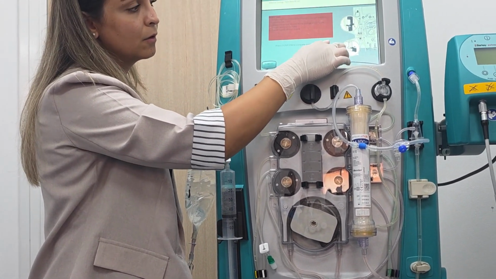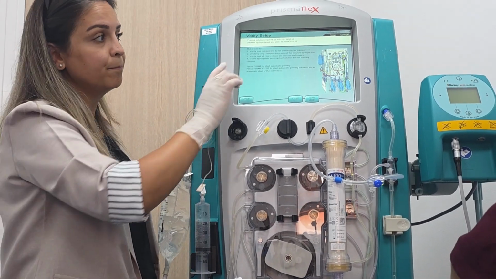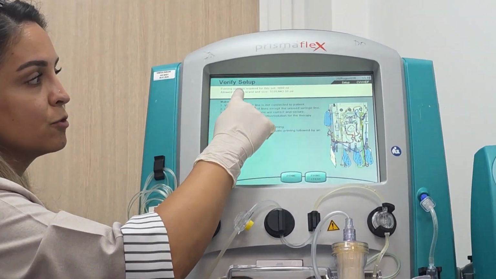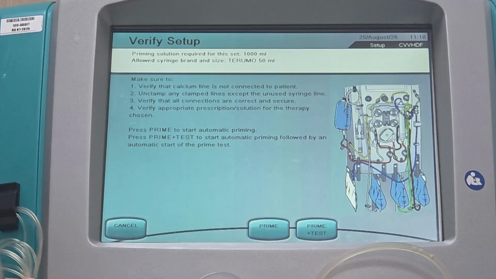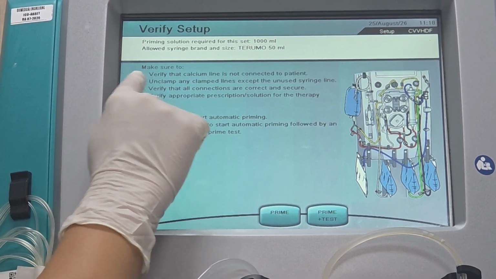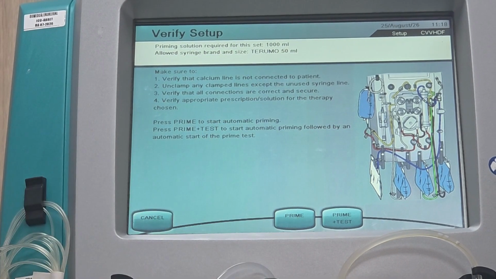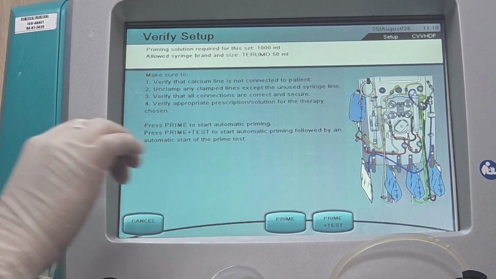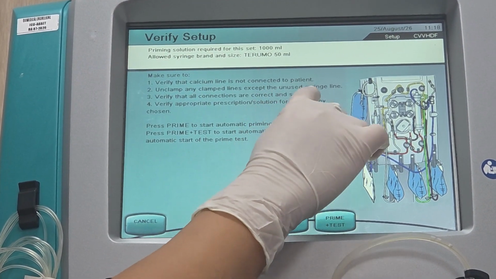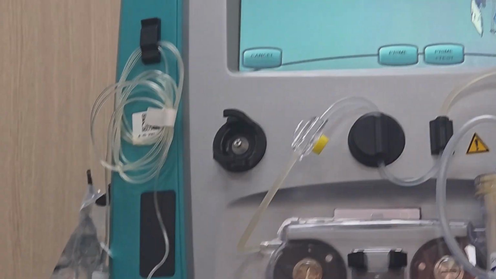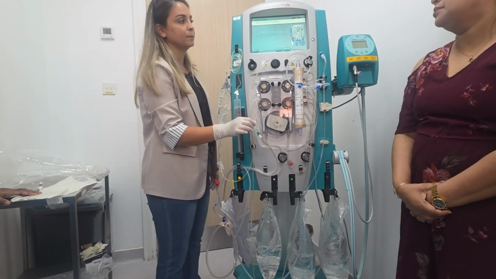Now we can confirm. So now we will start with the priming. Let's check here. Priming solution required for the set is 1000 ml. So yes, 1 liter is enough. What we need to make sure is that the calcium line is not connected to the patient. Yes, not connected to the patient. Then unclamp any clamped lines except the unused syringe lines. So all the clamps are open except this syringe line.